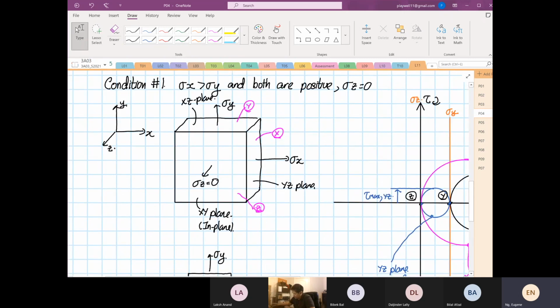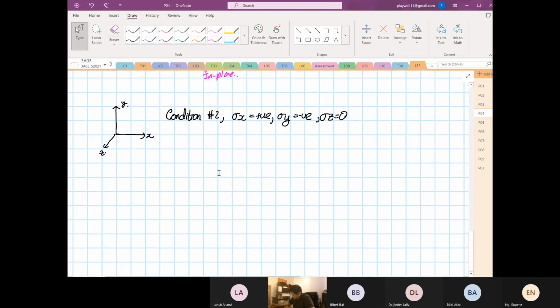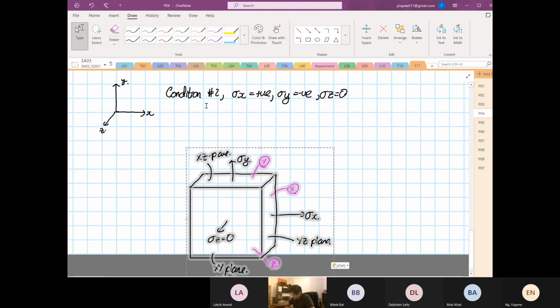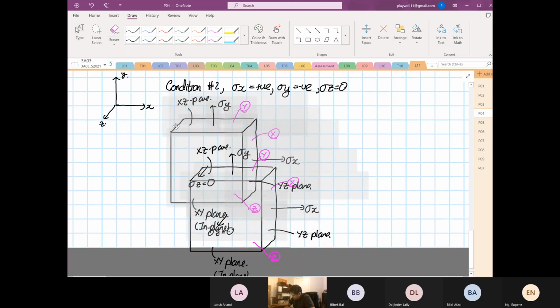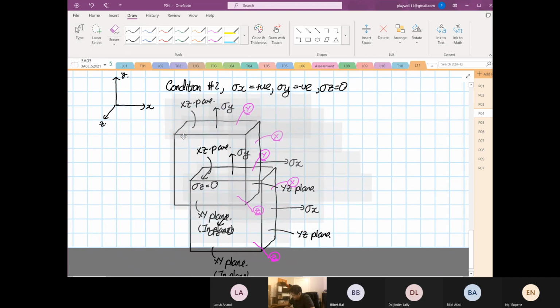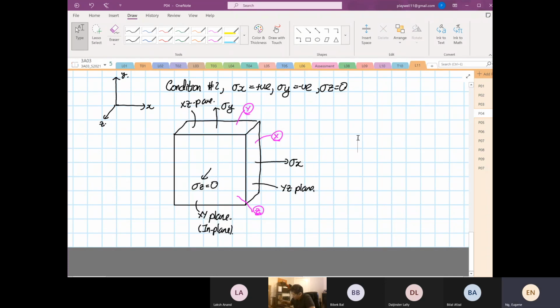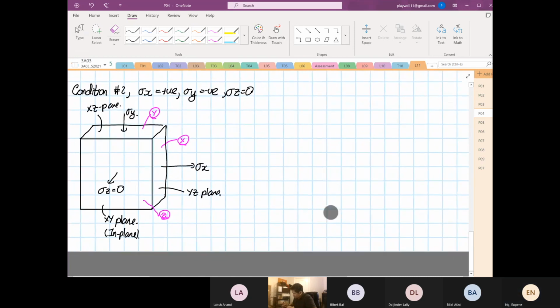So I'm just going to copy this and wipe things away. So stress X is the same, and now stress Y is in compression mode.